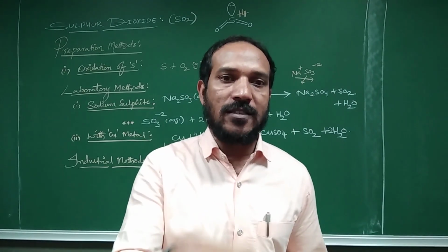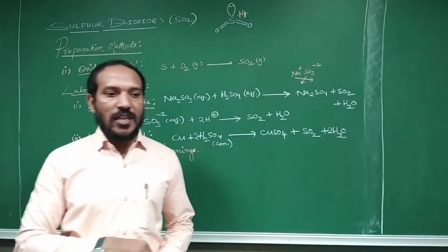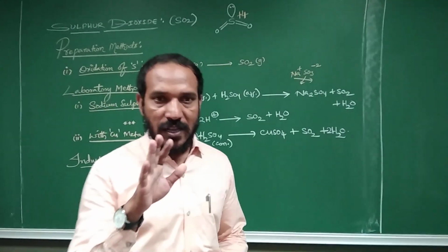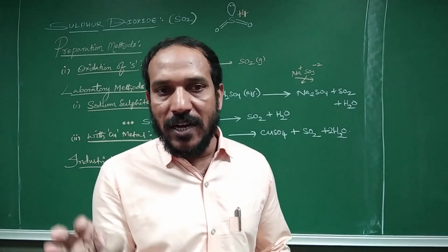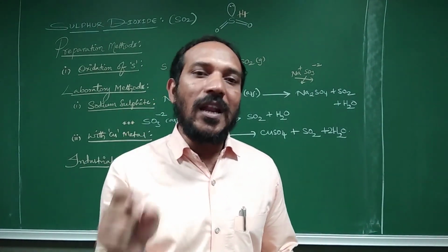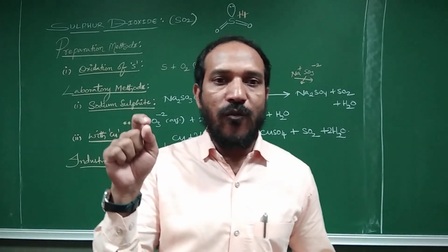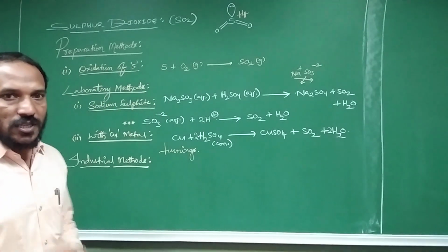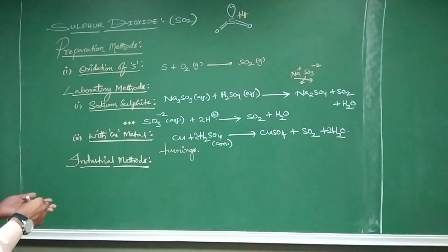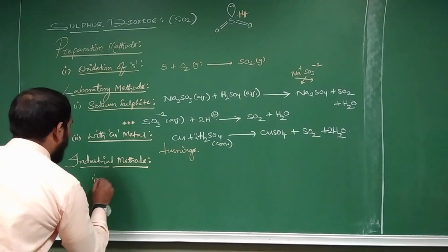Is it clear? With the industrial method, any sulfide ores such as iron pyrites or zinc blende will undergo oxidation, or be treated with O2, to form sulfur dioxide as the byproduct. Now here you see, the first reaction is from iron pyrites.